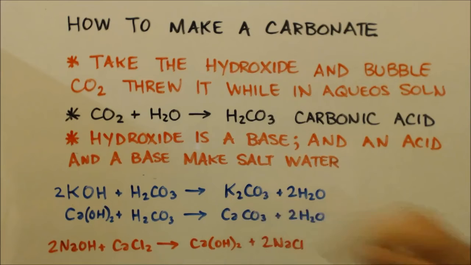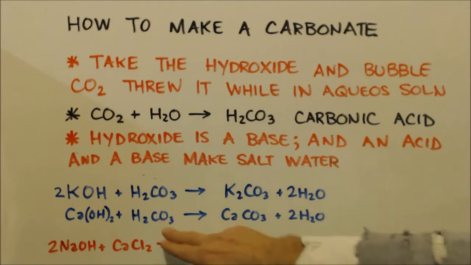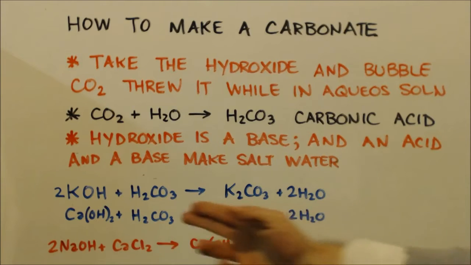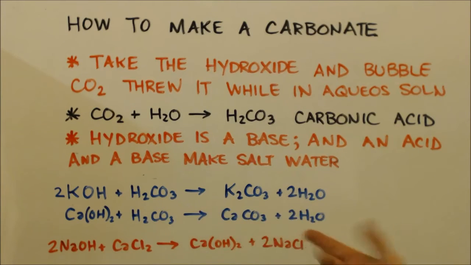It would be potassium carbonate. If I had calcium hydroxide, I put it in water, I bubble CO2 through it to make my carbonic acid. It reacts, makes salt, calcium carbonate, and water.